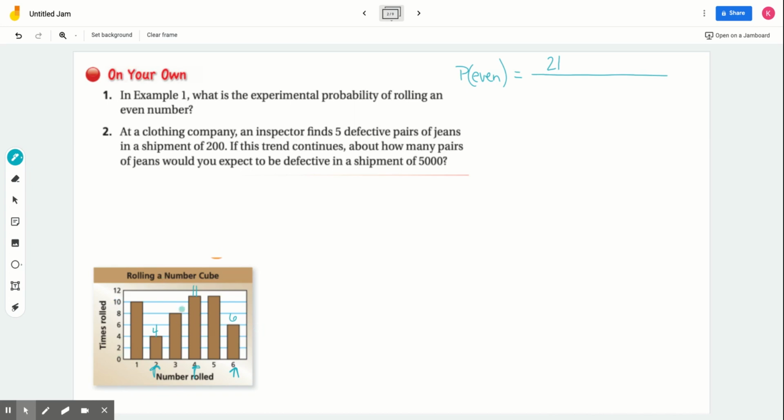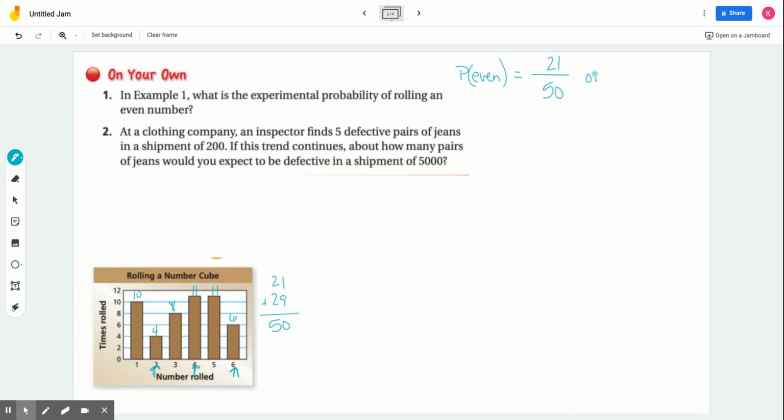And then we have to add up our total. So we know we have 21 plus 10, 8, and 11. So that's 29. And when we add those together, we have 50. So we know that the probability of this is 21 out of 50.